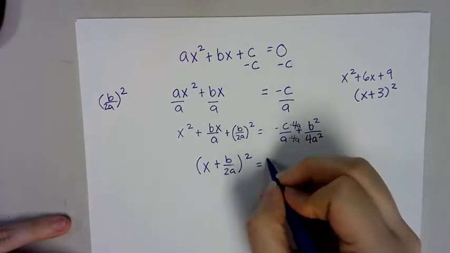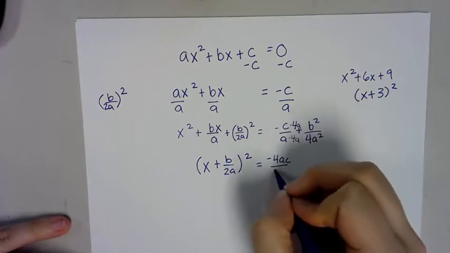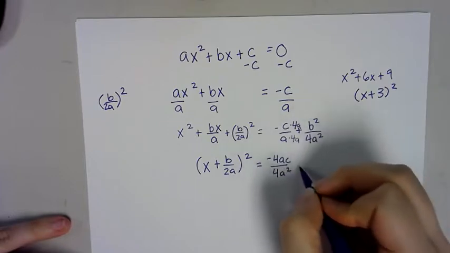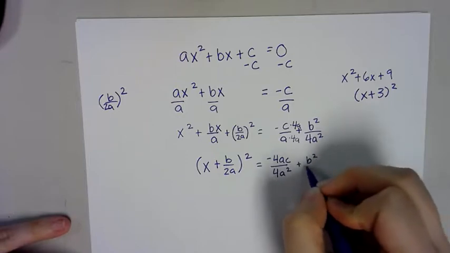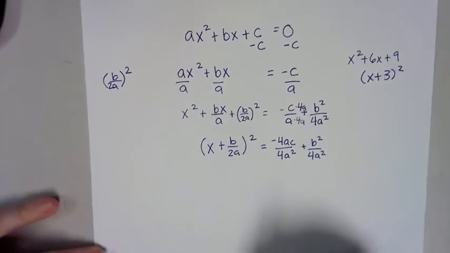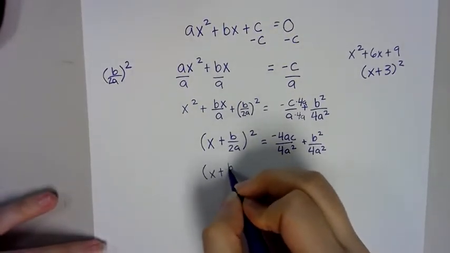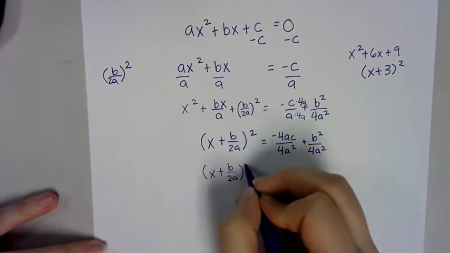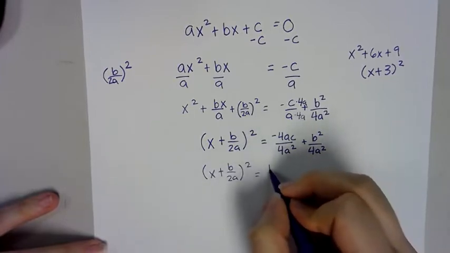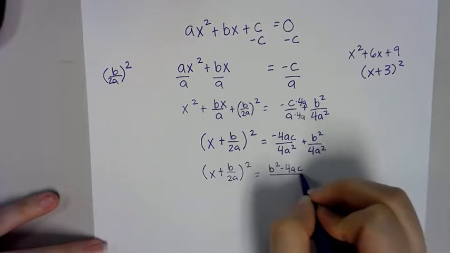So then I'm left with negative 4ac over 4a squared plus b squared over 4a squared. Now I can combine those. So I have x plus b over 2a squared equals b squared minus 4ac over 4a squared.